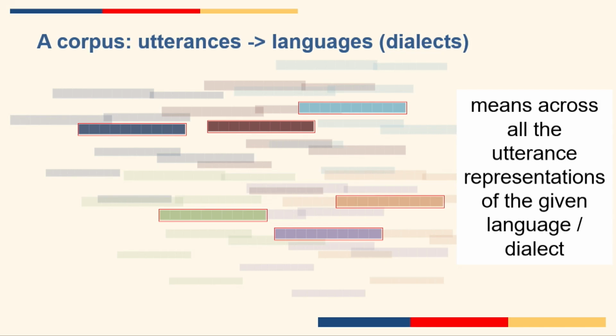There are these blue vectors here. I made them fade away, and this is the mean of them. We just sum them all and divide by the number of things. Here is the brown one, the mean, the green mean, and all that. So we take the mean of all of those utterance-level vectors which represent the given language, and voila, you have the vector representing the language.